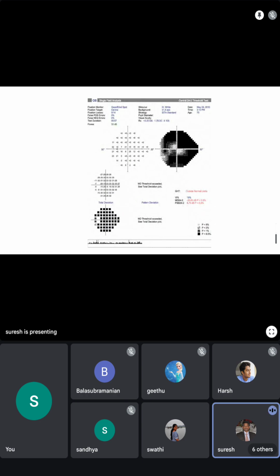Now here is a case where you have done a 24-2. The perimeter is saying nothing is there, no data is there. Now suppose you have such a person, what do you do? We just tell them there is nothing, you are not able to see anything, or do we go ahead and do something else?